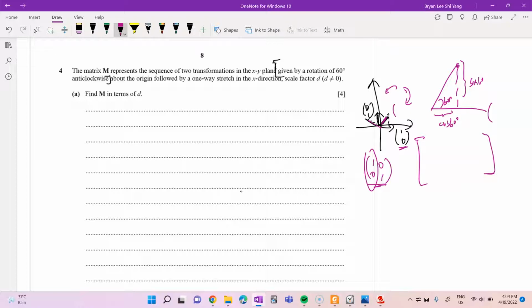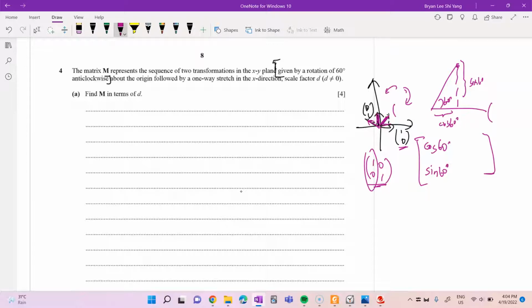So after rotating 60 degrees, this one moves here. I would have an x coordinate of cos 60 and a y coordinate of sine 60.